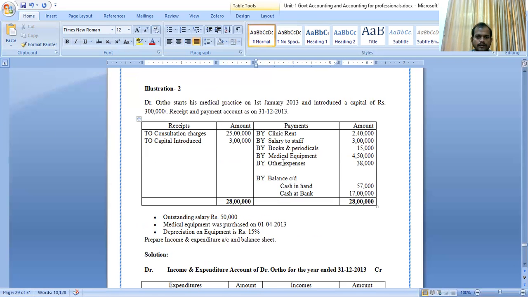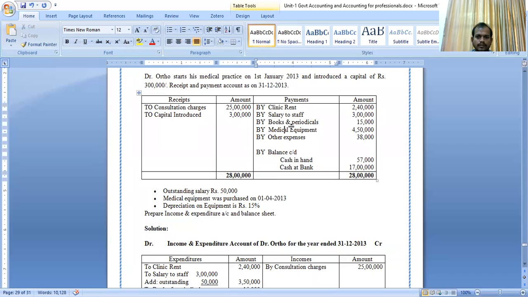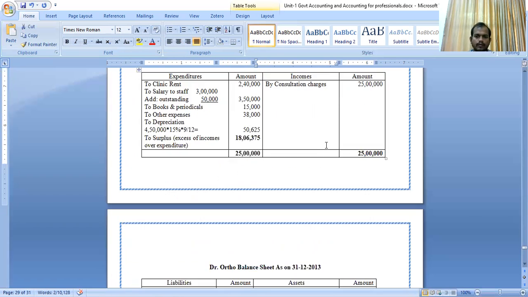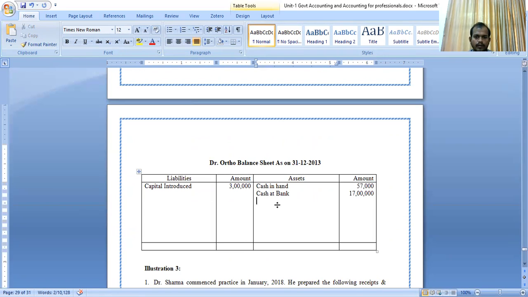Another thing is medical equipment, that is 4 lakhs 50,000. We have to deduct the depreciation.